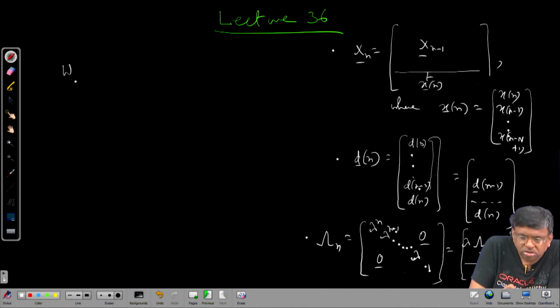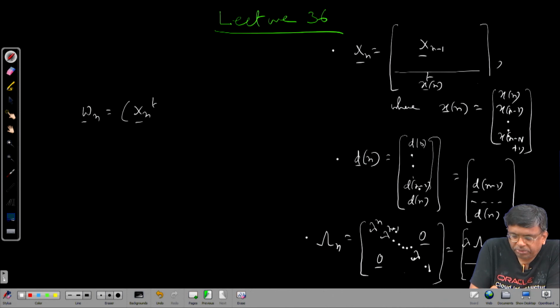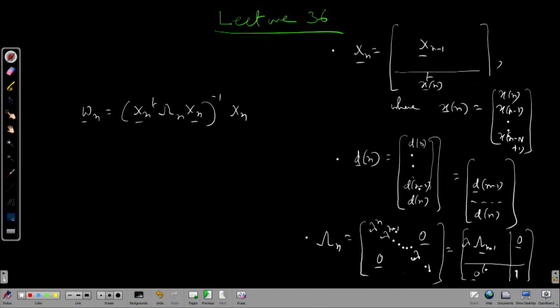And what are we going for? We know W, this is what we have to calculate. From W n minus 1, recursively, not by using the formula, but W n minus 1 is also likewise given by something like this.